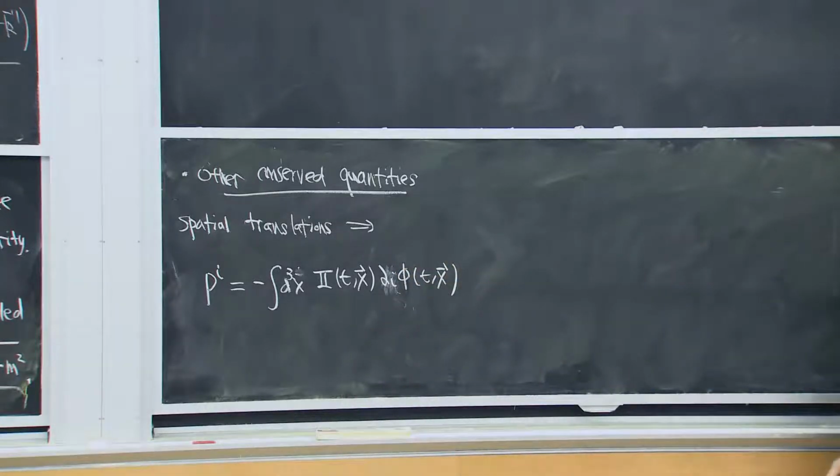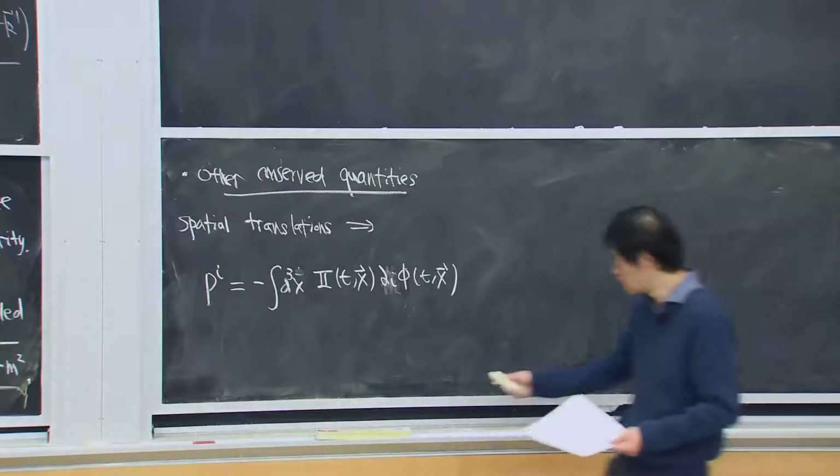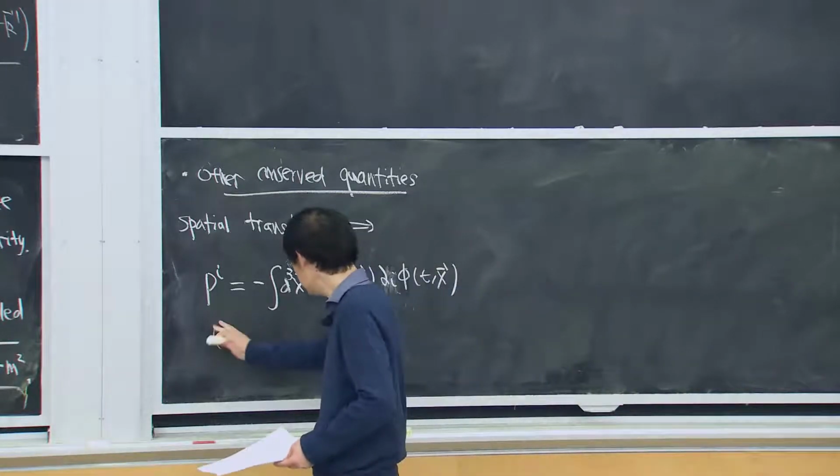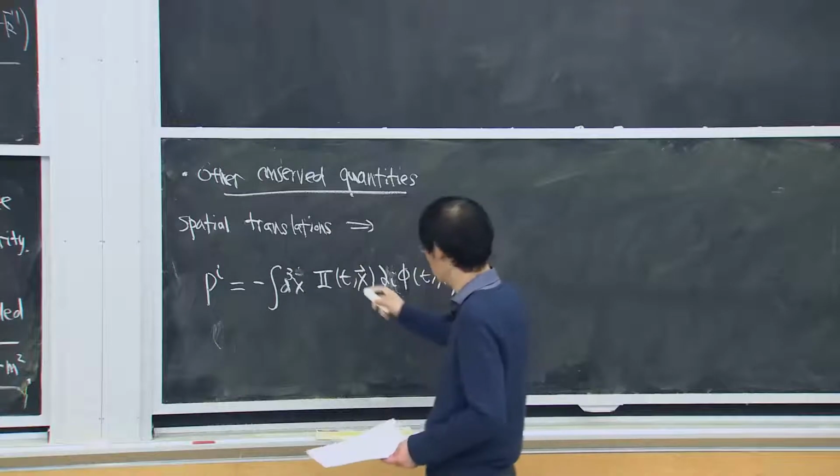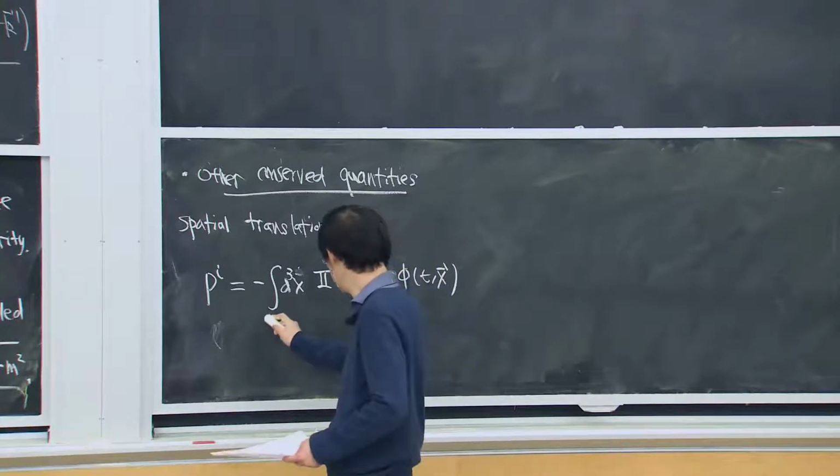This is the Noether charge for the conserved quantity associated with the spatial translation, and we interpret it as the space-time momentum.